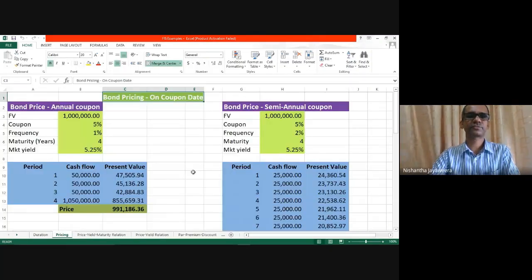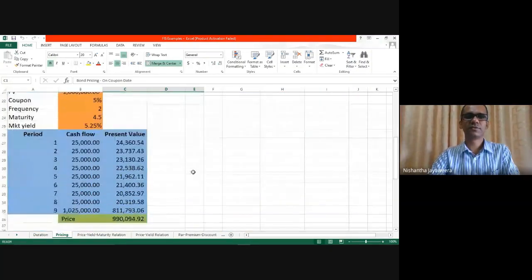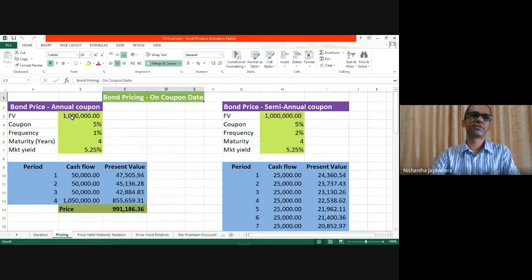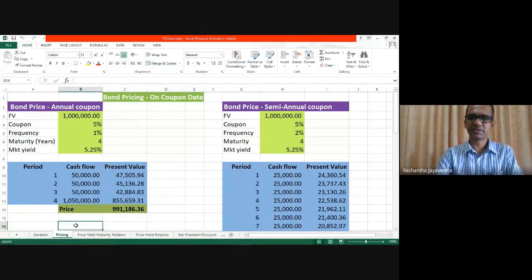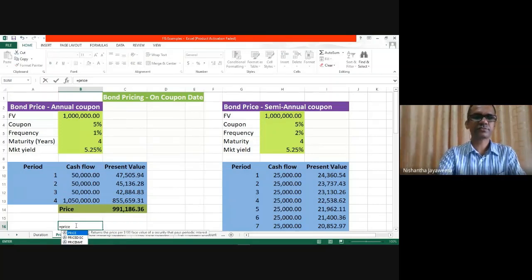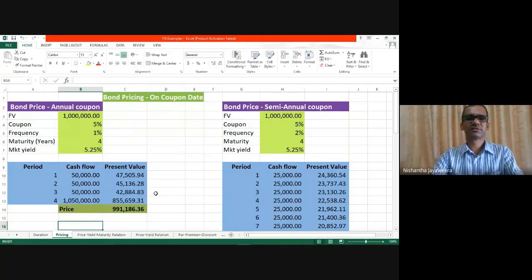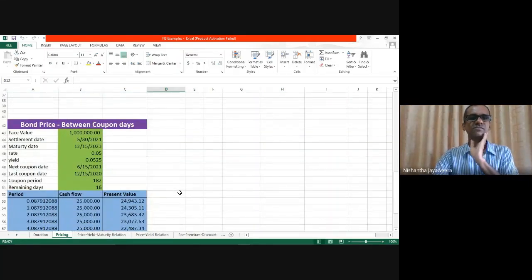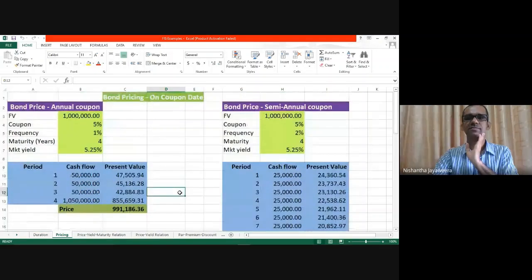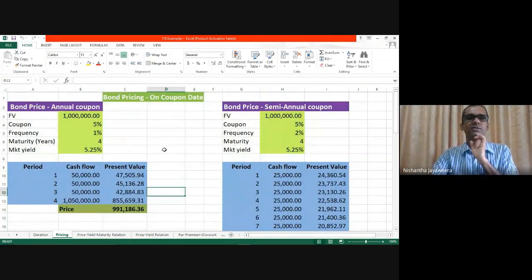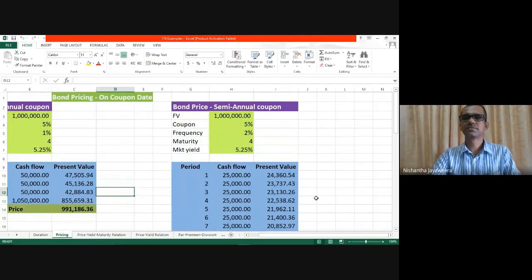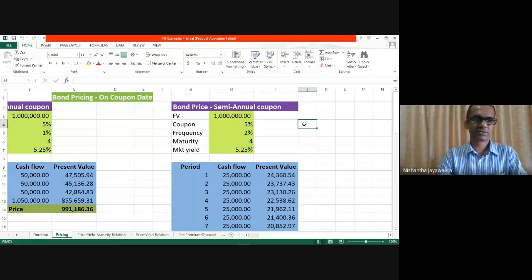So if we use this, say we want to calculate the bond price for 1 million, if we use the price equation, we'll assume this.